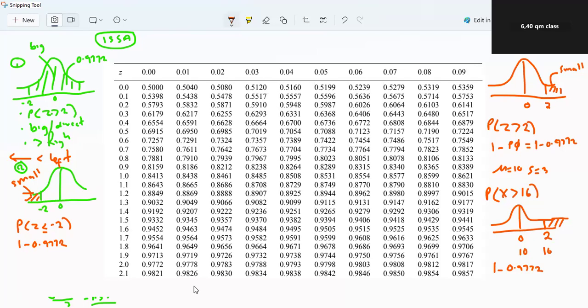Okay. Suppose they've asked us to find the probability that x is less than 3. What is the probability that x is less than 3? So we use ISA.